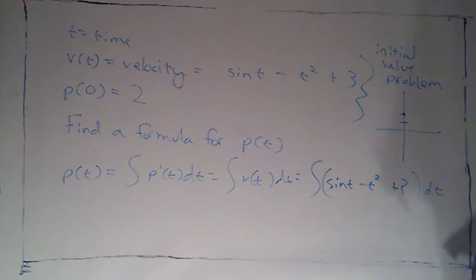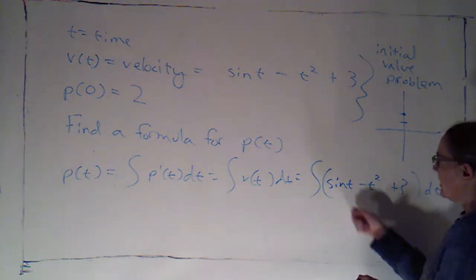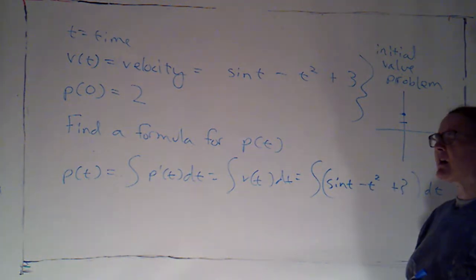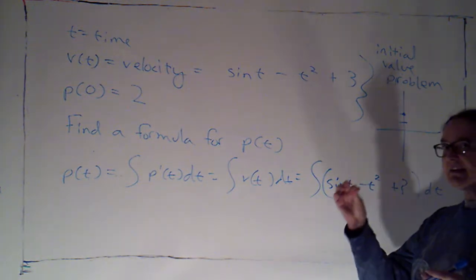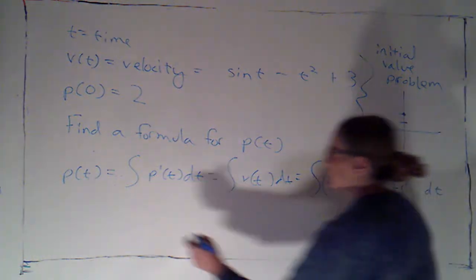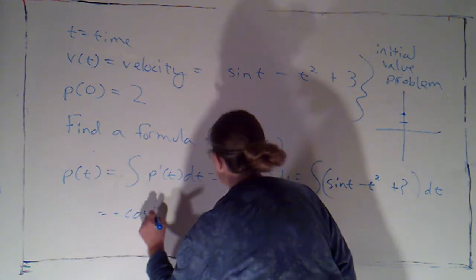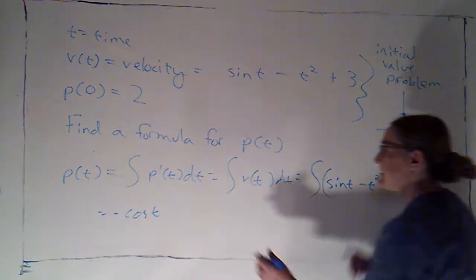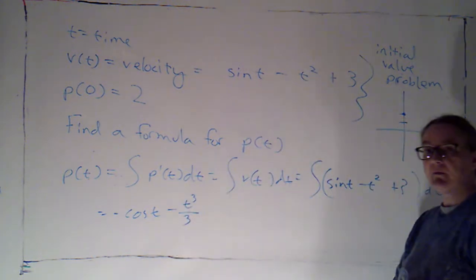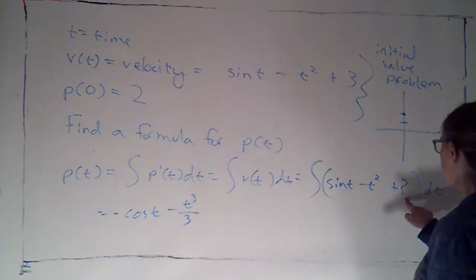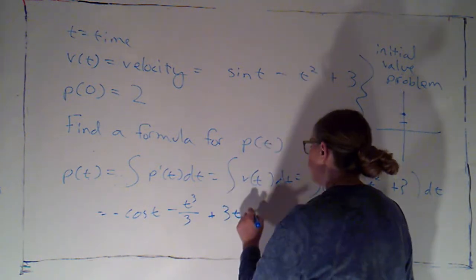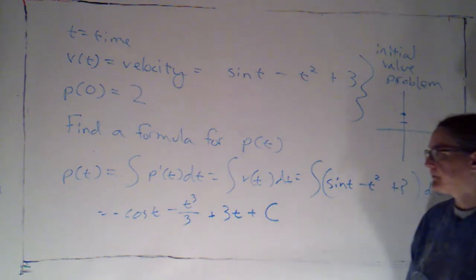Okay, excellent. So I'm going to say an antiderivative of sine. If I went with cosine, the derivative of cosine is negative sine, so I want negative cosine. So we get negative cosine of t minus t squared. When I integrate that, that's just a straightforward power rule, minus t cubed over 3, and plus 3 gives me a plus 3t plus c.